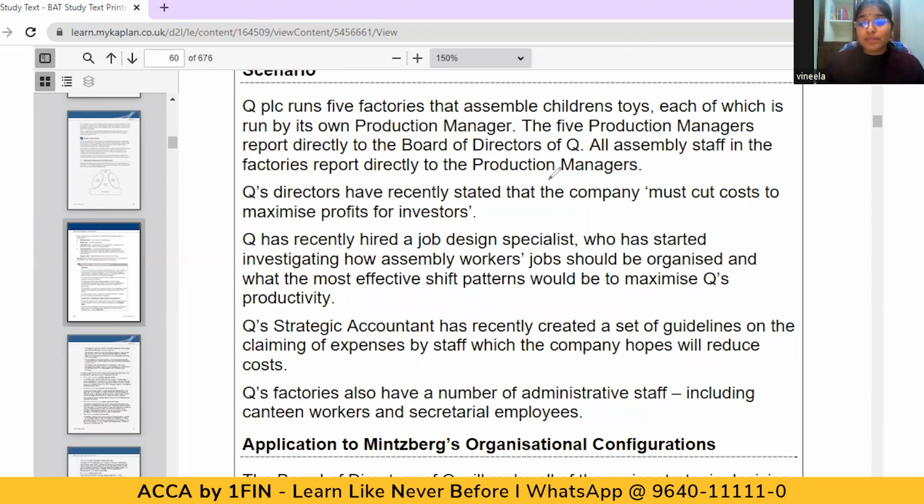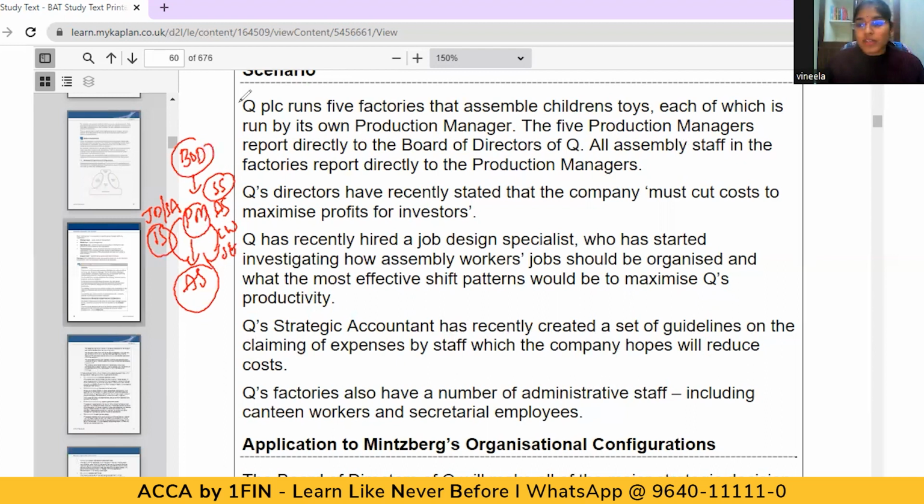Let me summarize it here: board of directors, then production managers, and then assembly staff. Here you have Technostructure people, which is your job design analyst and also your strategic accountant. And here you have administrative staff, which is your canteen workers and secretarial employees, who will be called support staff.